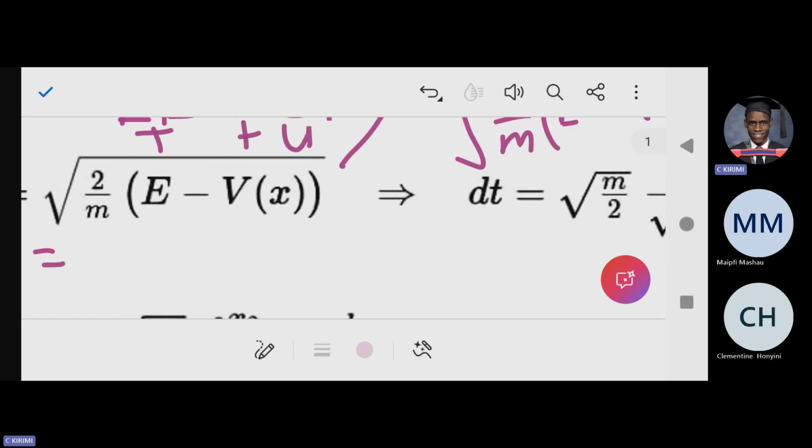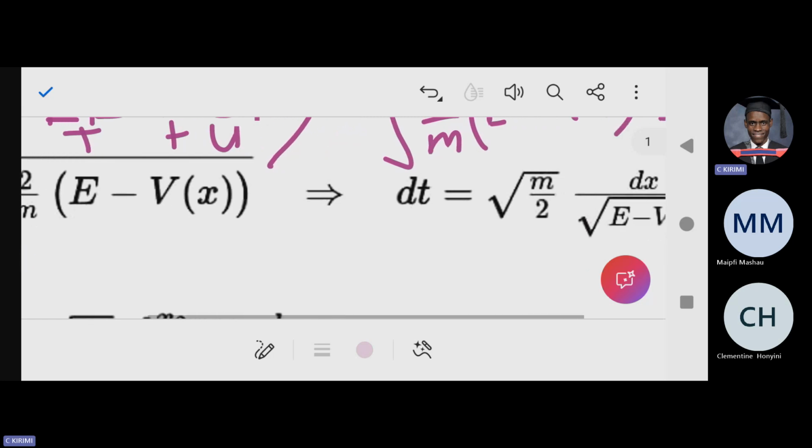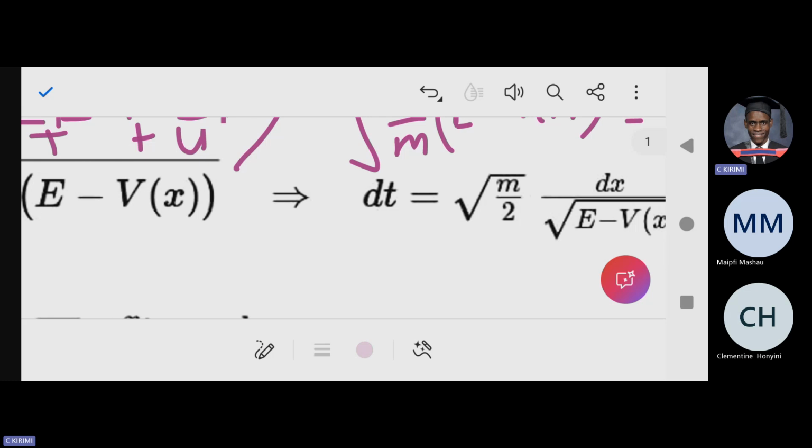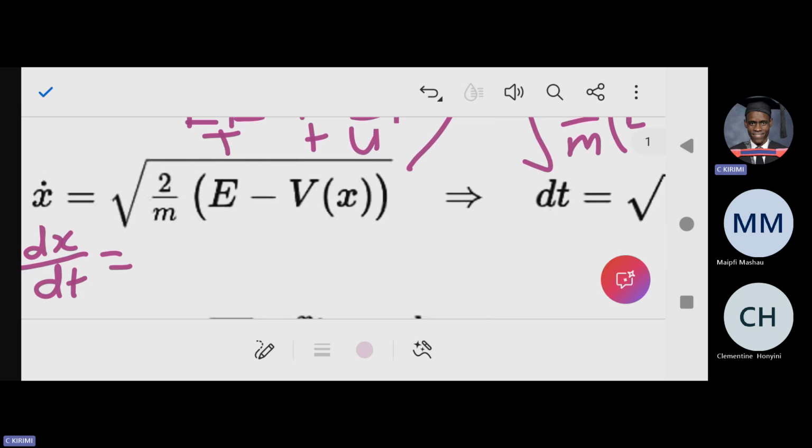If it was 2 over m, then dt is equal to the root of m over 2, inverted. The square root was a numerator, now it becomes the denominator.